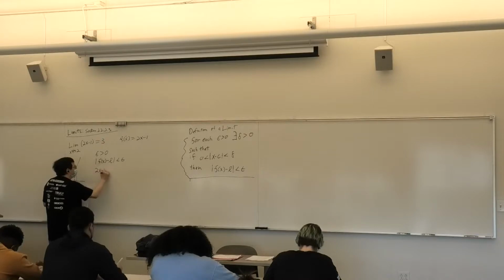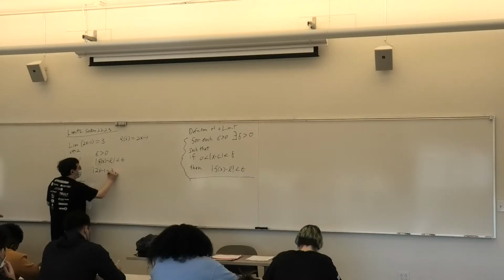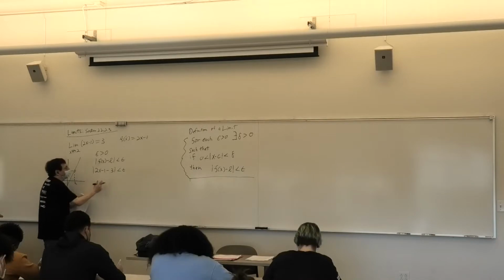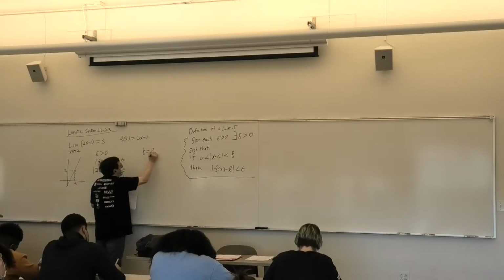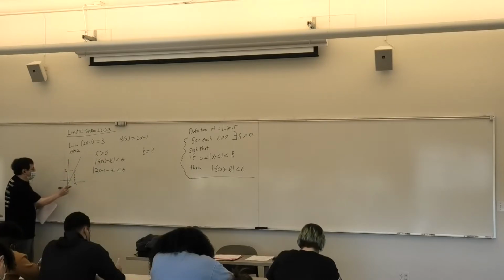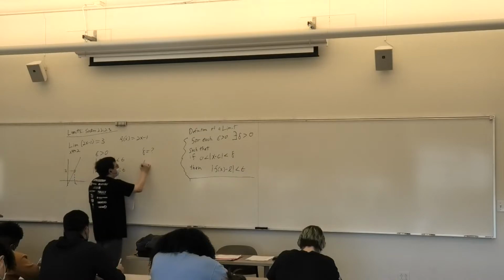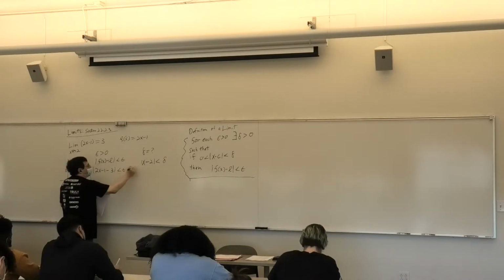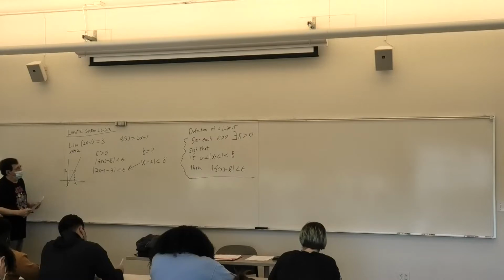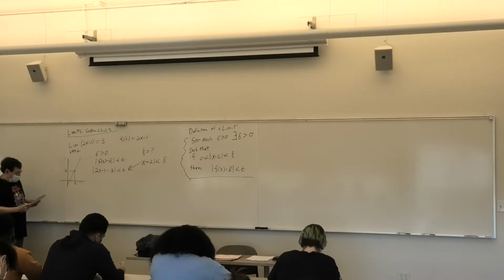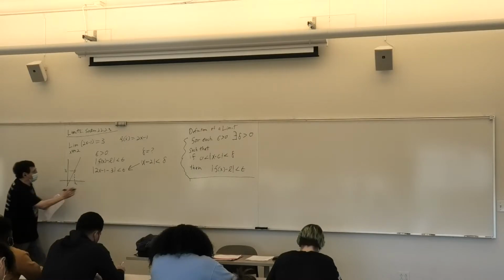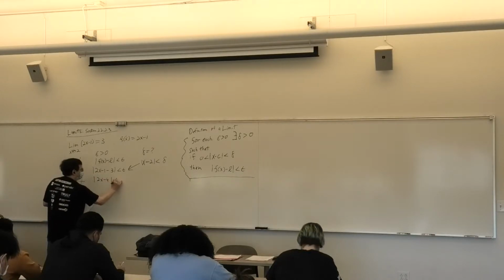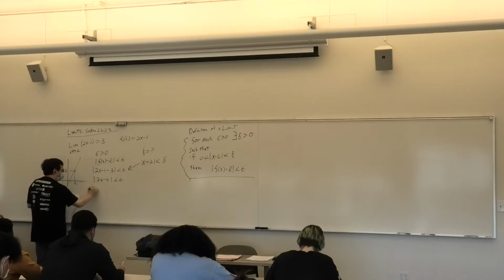Our function is 2x minus 1, and our limit is 3. So we want to find some delta so that if x minus 2 is less than delta, then this is the case. All right, so how do we go about doing that? Well, let's rewrite this here. This is 2x minus 4 less than epsilon, or we can take out 2.